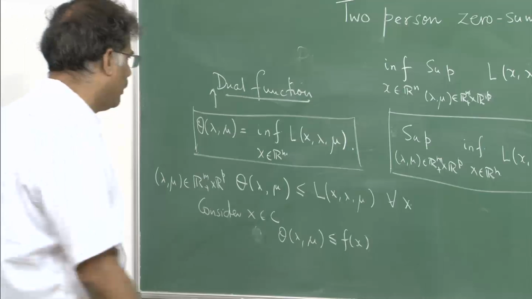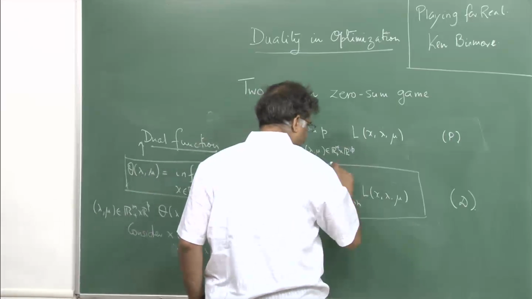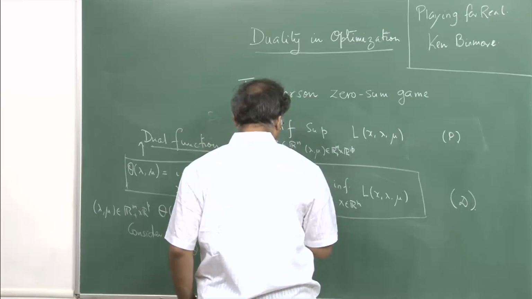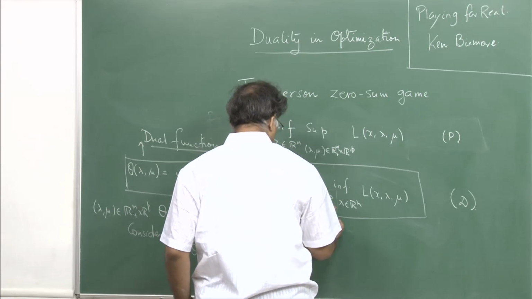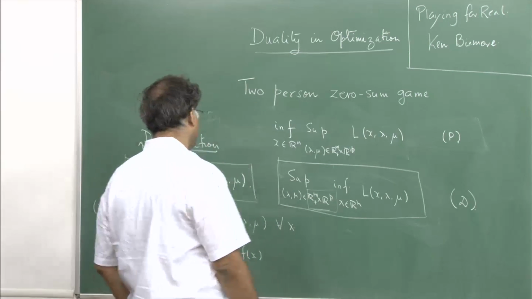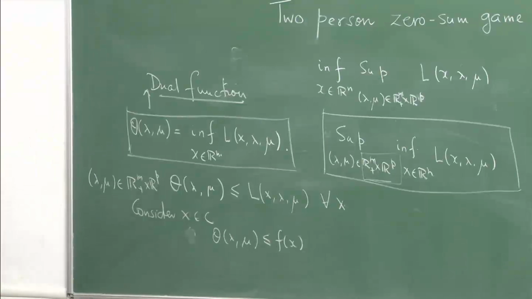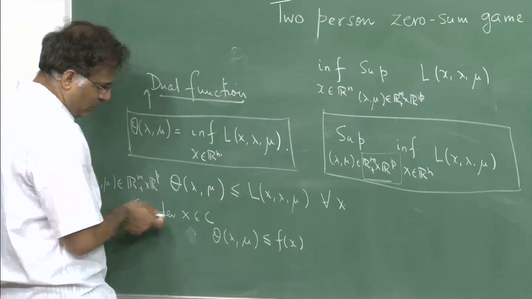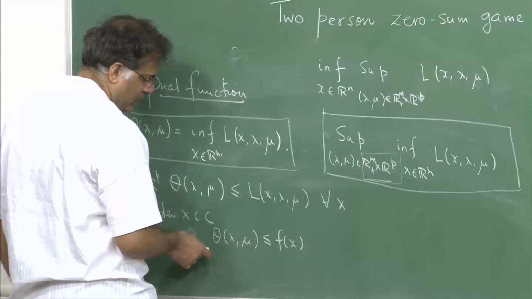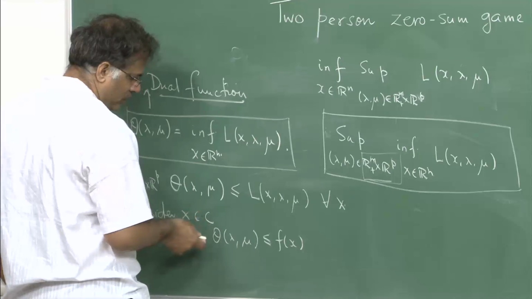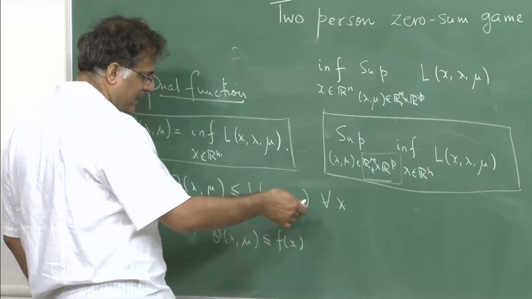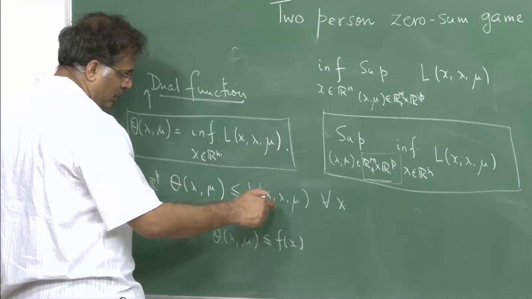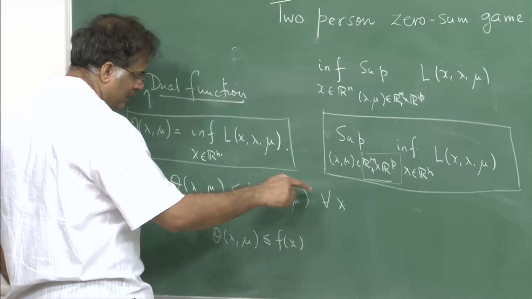So, if this is my dual function, then the dual feasible set is this, Rm plus cross Rp. Now, here you see what we have done is that we are asking what would happen if x is in C, but when x is in C, h of x is 0 and lambda i g i x is less than or equal to 0.